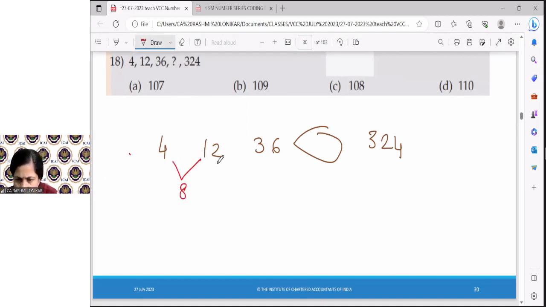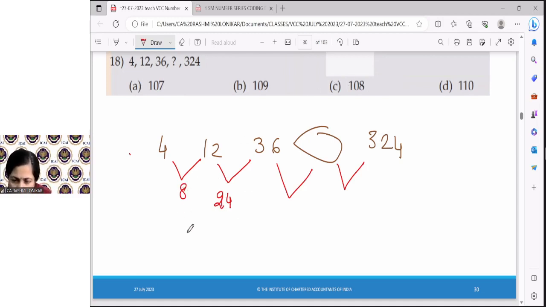This difference is 8. What is this difference? 14. This difference and this difference. Okay. So what do I have? No, 24. So now I don't know, and I have to see these options and then I will make a judgment.